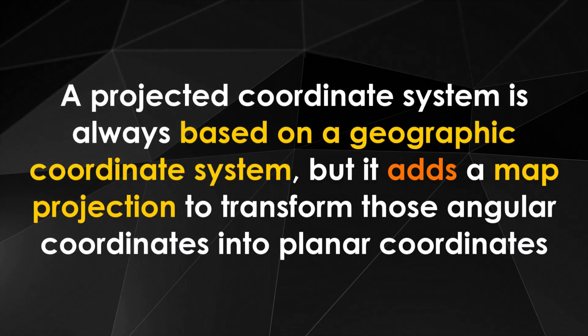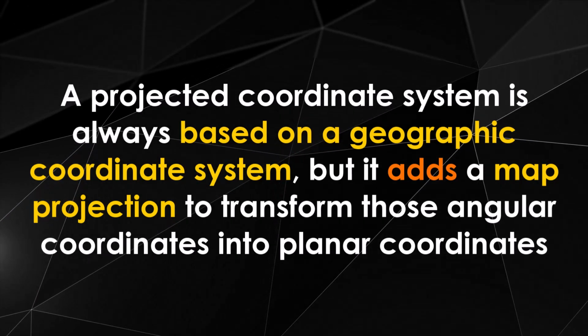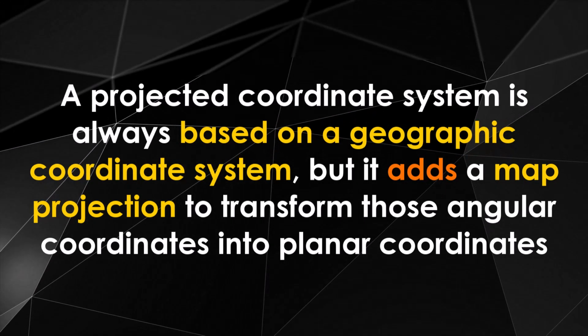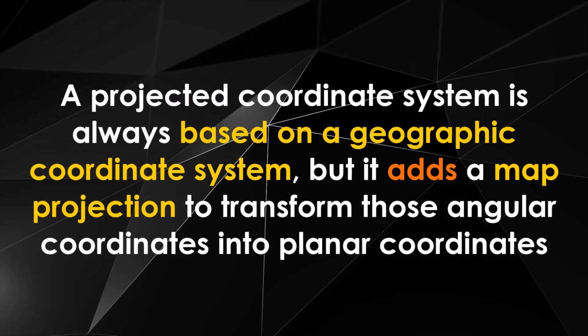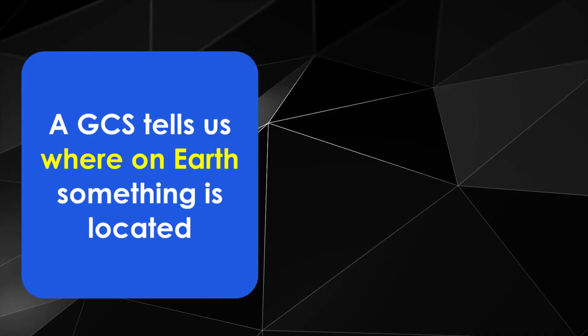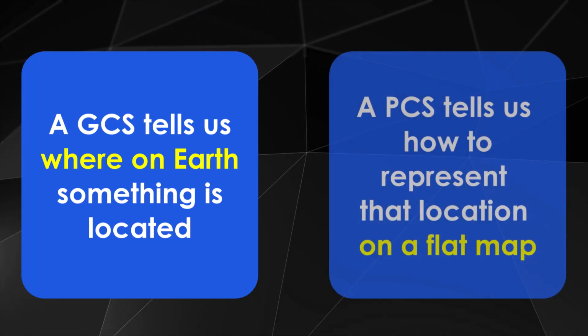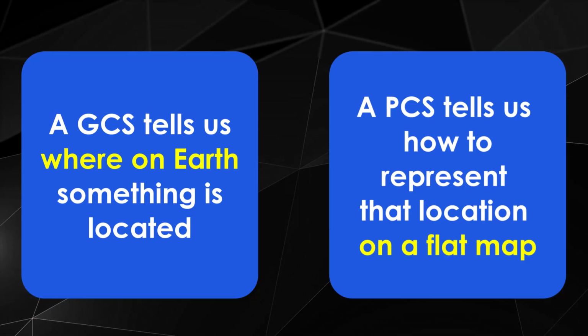In other words, a projected coordinate system is always based on a geographic coordinate system, but it adds a map projection to transform those angular coordinates into planar coordinates. Think of it this way. A GCS tells us where on Earth something is located. A PCS tells us how to represent that location on a flat map.